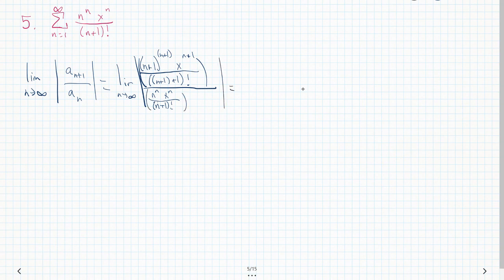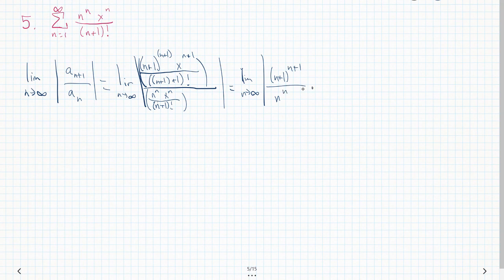Okay. So this thing, once again, we're going to go back and say, hey, this has to be less than 1. We get the limit as n goes to infinity. Okay, now here's where things get fun. Let's rewrite this a few different ways. So we'll have n plus 1 to the n plus 1 power all over n to the nth, because those kind of match up, right?